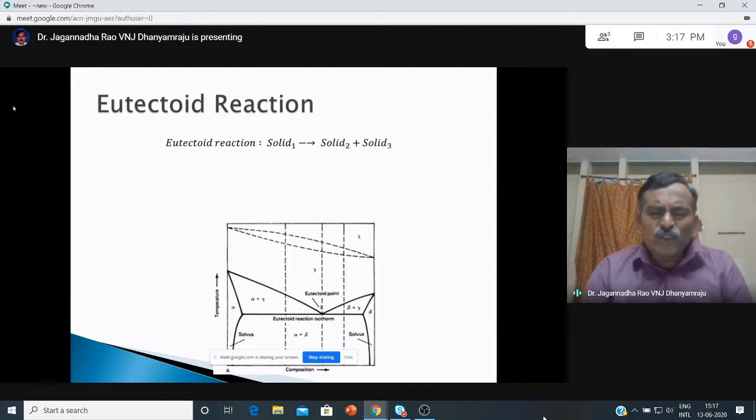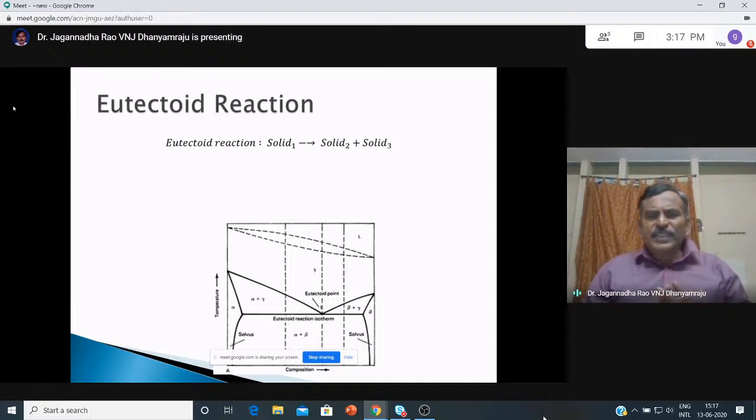So here this is also a eutectic, just like eutectic structure, and here the solid 1 is separated into solid 2 and solid 3. So here two phases are formed upon cooling, and that is from a solid.